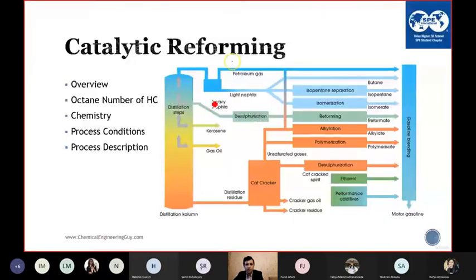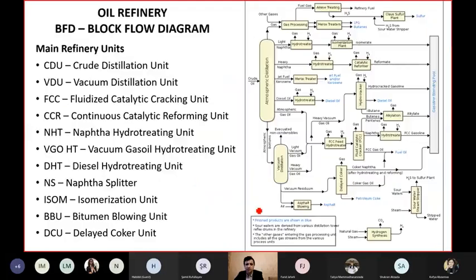What I want to show is that we had the distillation steps, and we saw desulfurization, reforming, and catalytic cracking. So in this course, we learned about the CDU in detail, VDU, hydrotreaters, not Merox, hydrotreaters. We learned about the FCC.